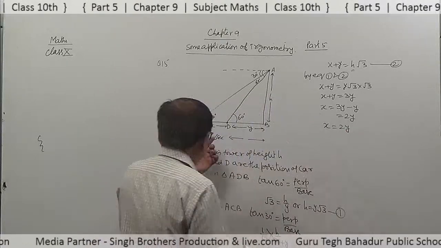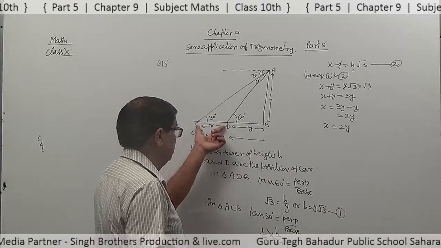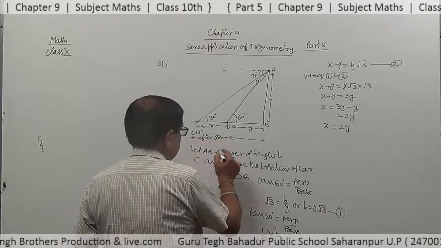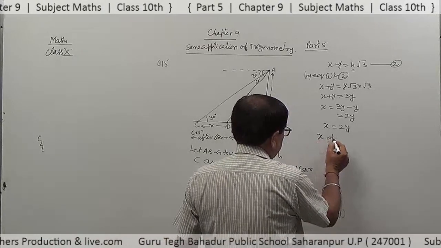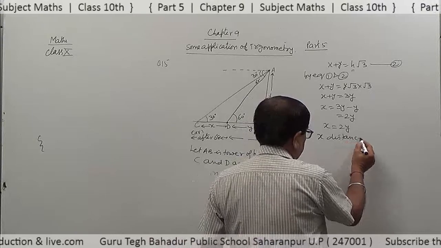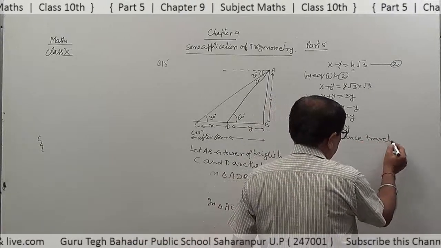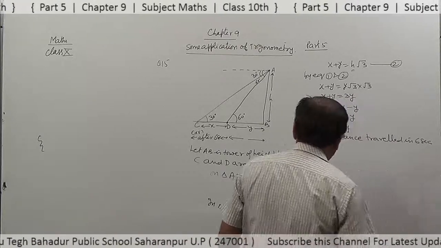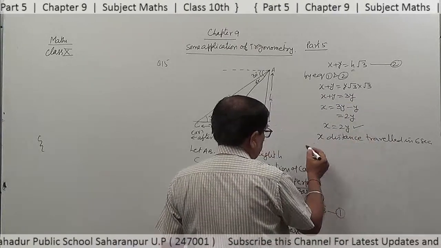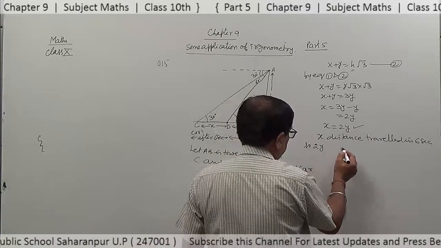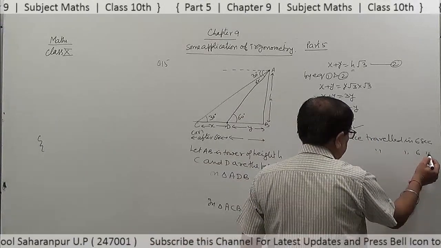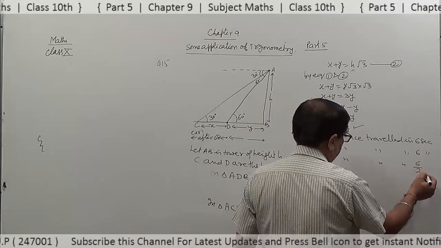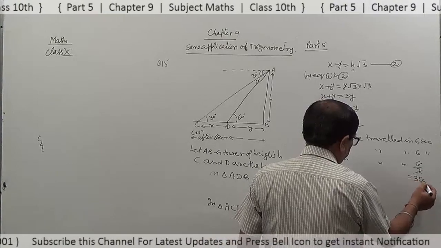So you see that distance x is travelled in 6 seconds. X is equal to 2y, so 2y distance is travelled in 6 seconds, and y distance is travelled in 6 upon 2, that is equal to 3 seconds.